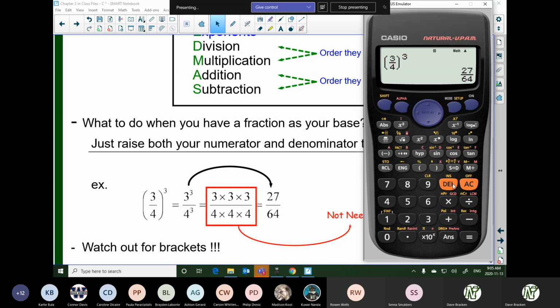But right above these 2 orange keys, do you see this key that says S to D? It changes it from standard, which is 27/64, to a decimal. The calculator will go 27 divided by 64, there's the decimal. I hit the S to D again, fraction, decimal, fraction, decimal, and it will always convert between the 2.